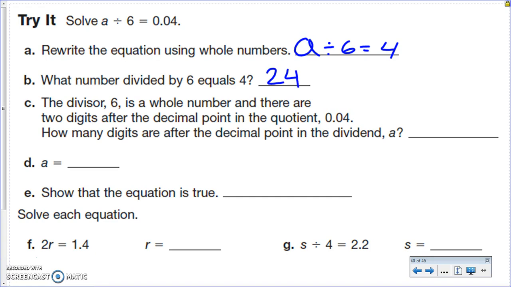Then we look at the divisor 6 as a whole number, and there are 2 digits after the decimal point in the quotient, 4.00. How many digits are after the decimal point in the dividend? We need 2, because there's 2 in the quotient, so we need 2 in the factors put together, and there's none in the 6.